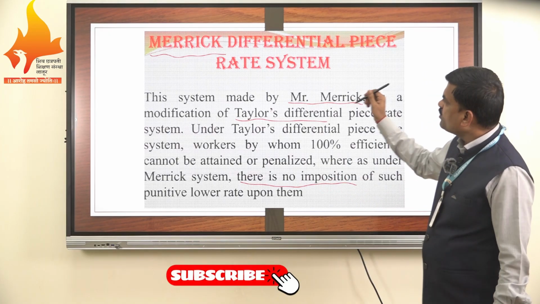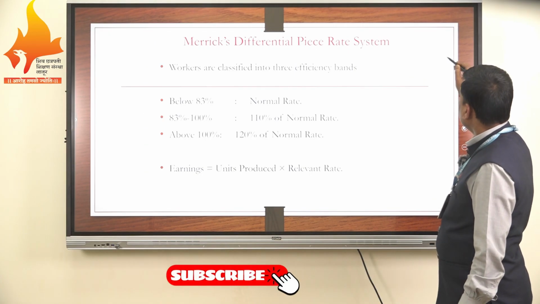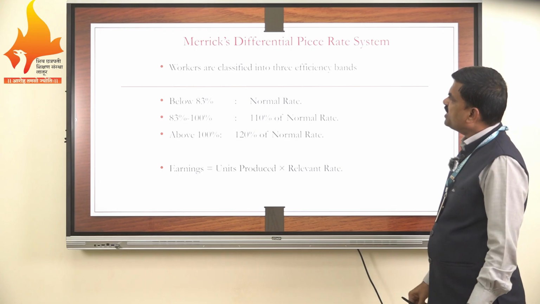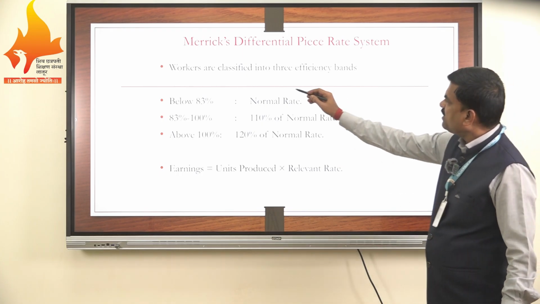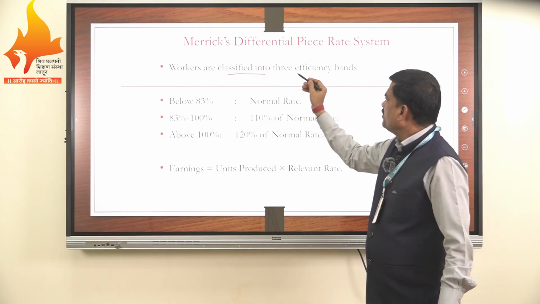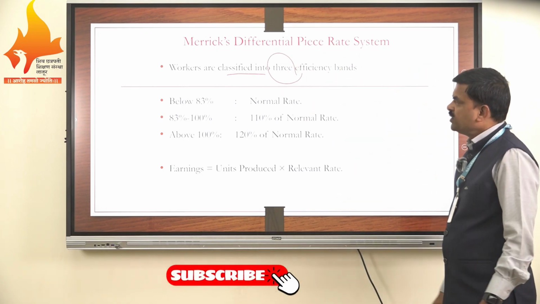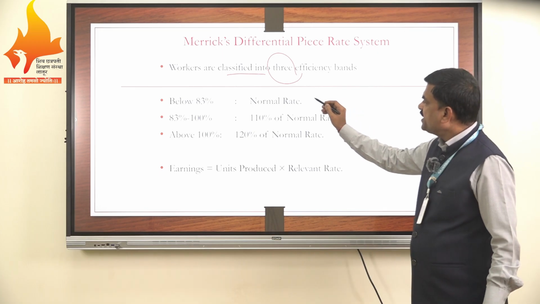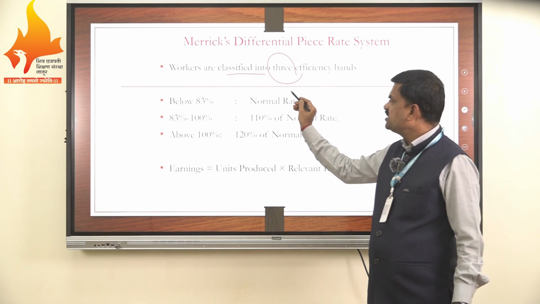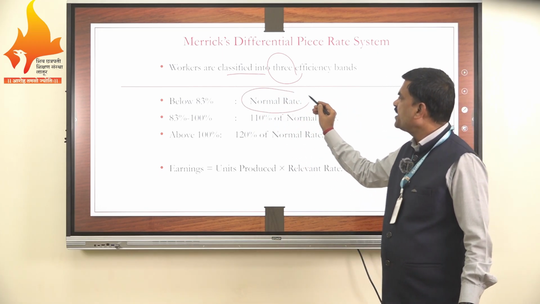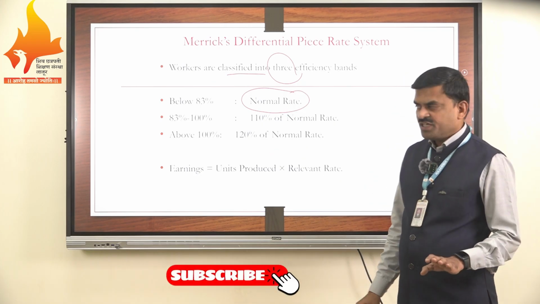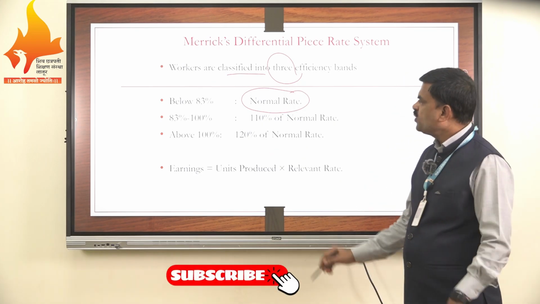So the contribution Merrick has given under his new differential piece rate system is that workers are classified into 3 efficiency bands instead of 2. First, below 83%: if his efficiency is below 83%, then the normal piece rate, the straight piece rate, will be given to him.